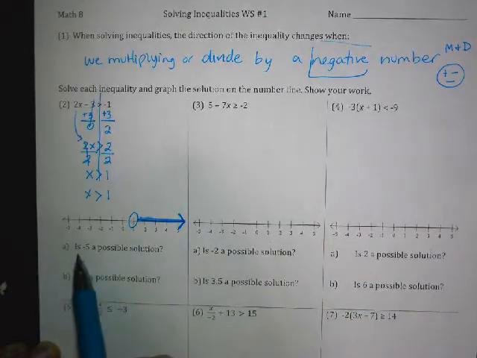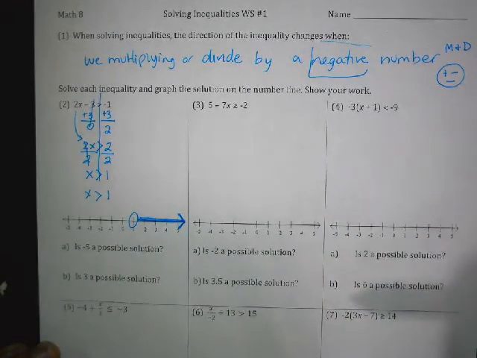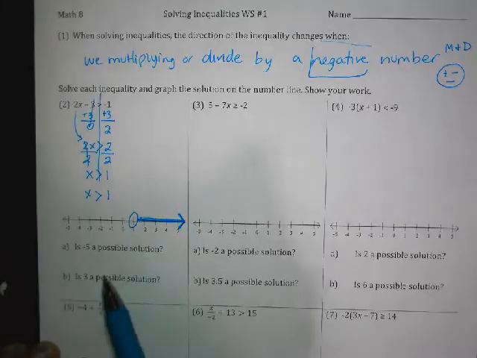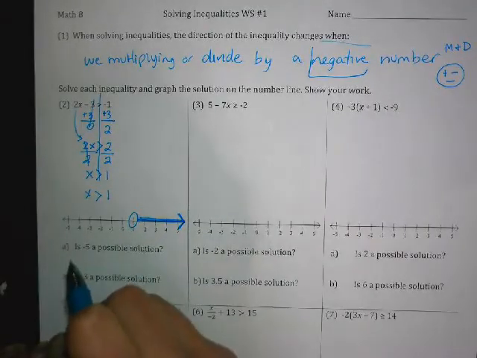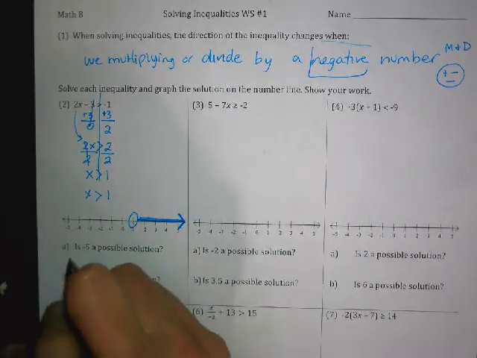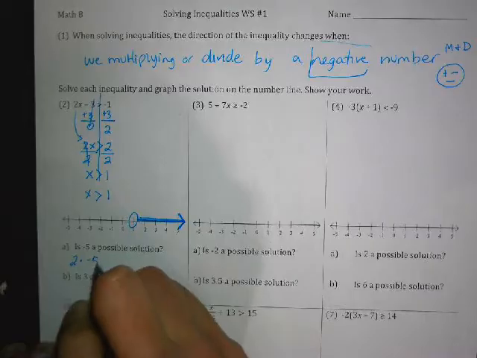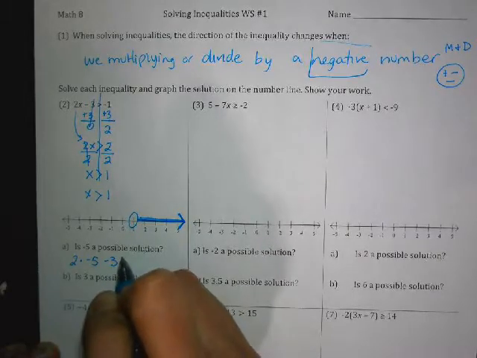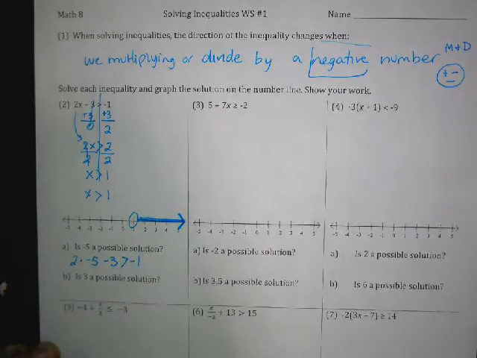So now I want you to answer, is negative 5 a possible solution? Well, you could look at the number line, but you could also come back to the original problem. 2 times negative 5 minus 3 is greater than negative 1.